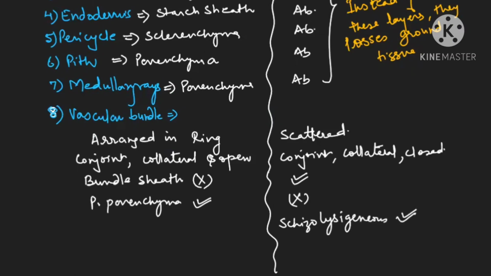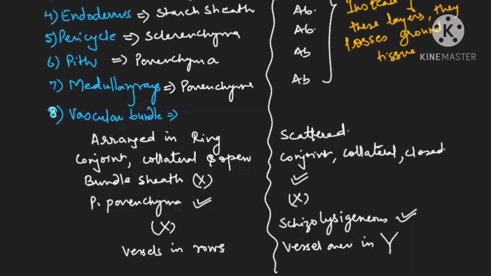This cavity is present and such a cavity is absent there. Is it clear? Vessels are in a Y shape or V shape because there are 2 metaxylem and 2 protoxylem here. But here they will not be in this way, they will be in rows. Vessels are in rows.